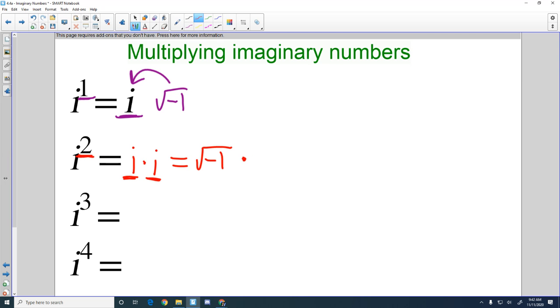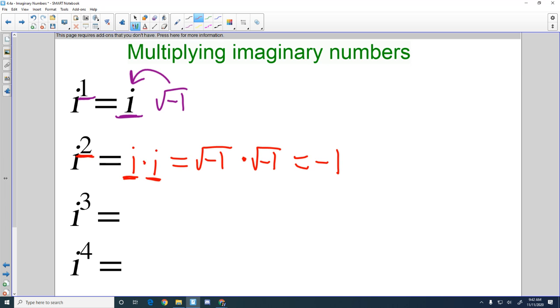So technically, I'm multiplying this by another square root of negative 1. Like i times i means the square root of negative 1 times another square root of negative 1. And that's kind of nice because we know that any square root times that same square root, the radicals would actually cancel out. And we'd be left with just a negative 1.